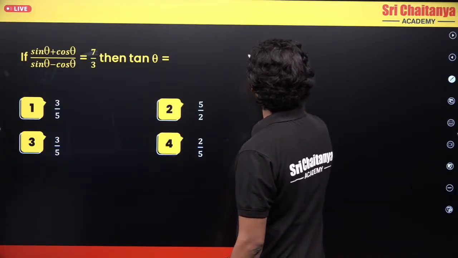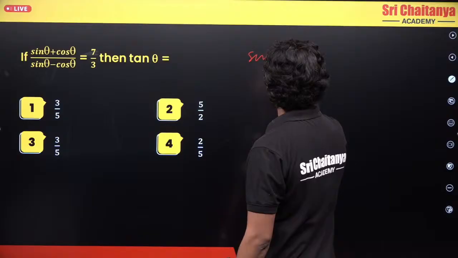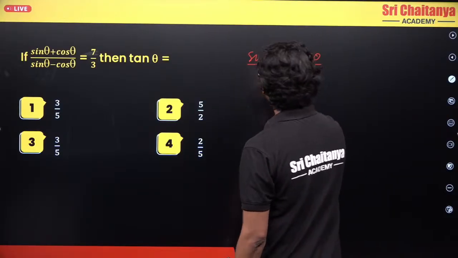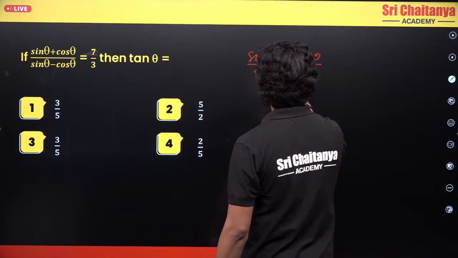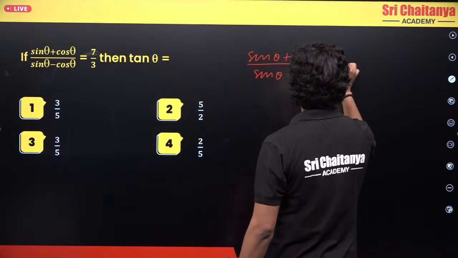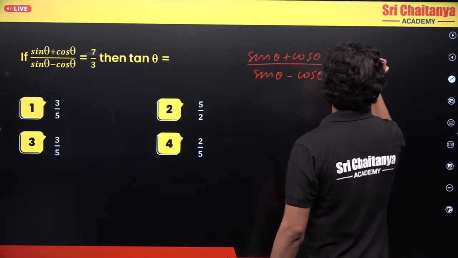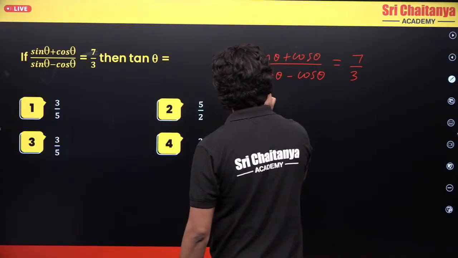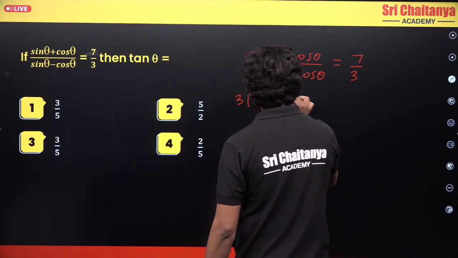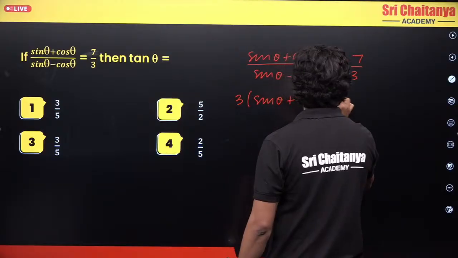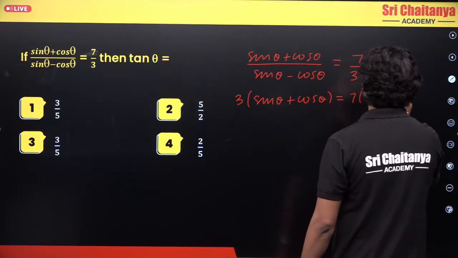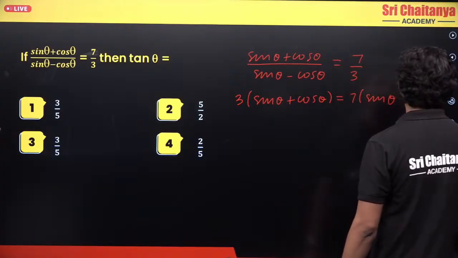Let's solve this. Sine theta plus cos theta upon sine theta minus cos theta is equal to 7 by 3. Cross multiplication: 3 times (sine theta plus cos theta) is equal to 7 times (sine theta minus cos theta).